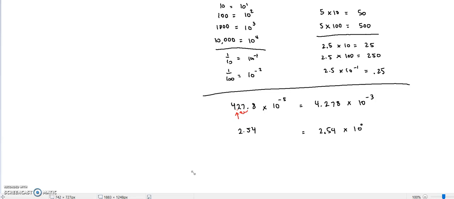So now let's look at some of the operations on scientific notation. So we want to be able to multiply, divide, add, and subtract if we can. All right, so let's say we've got 3.4 times 10 to the 4th. And we're going to multiply that by 1.8 times 10 to the 5th.